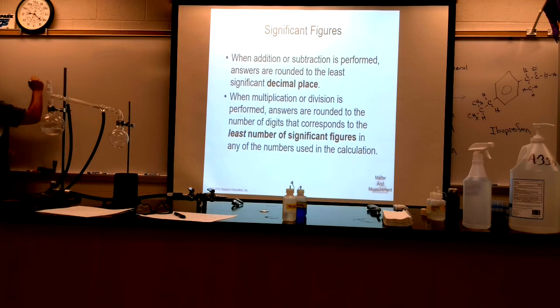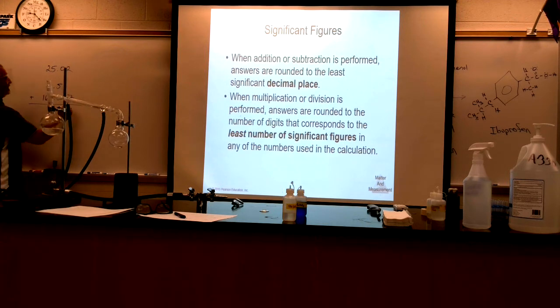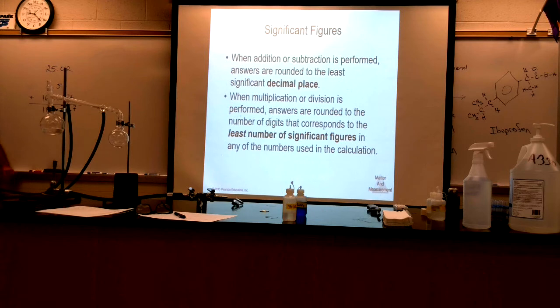So, if I'm going to go with 25, plus 1.5, and then plus 160.247. I want to add all those 3 numbers up. Okay? Well, I'm going to get 186.767. But I'm only as good as my worst answer.